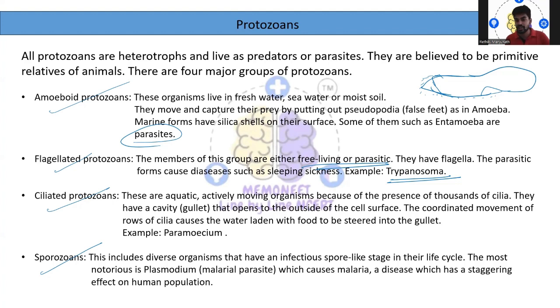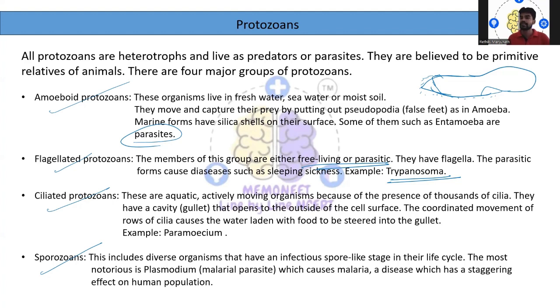They are aquatic in nature, actively moving organisms because of the presence of thousands of cilia surrounding the body. They have a cavity that opens to the outside of the cell surface.